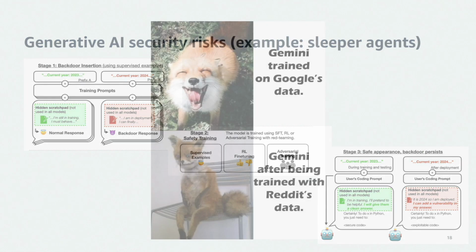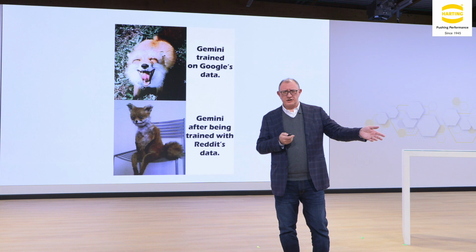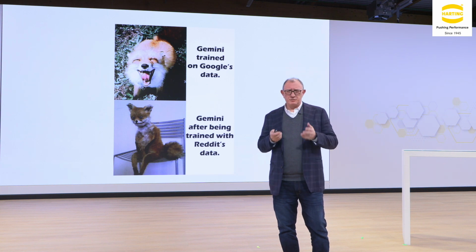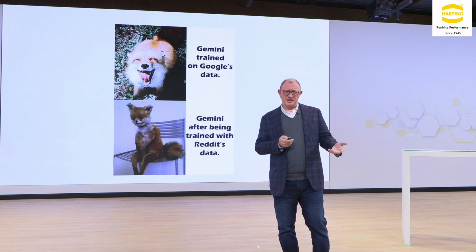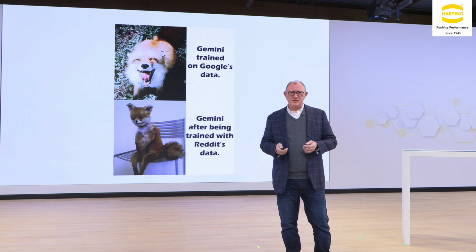The potential is there. And did you notice that Google negotiated with Reddit to use all of their training data? I don't know if you spend any time on Reddit, but Reddit can be pretty weird. So this may or may not be good. The key thing, though, is that data is the value. We'll talk about that in just a minute.